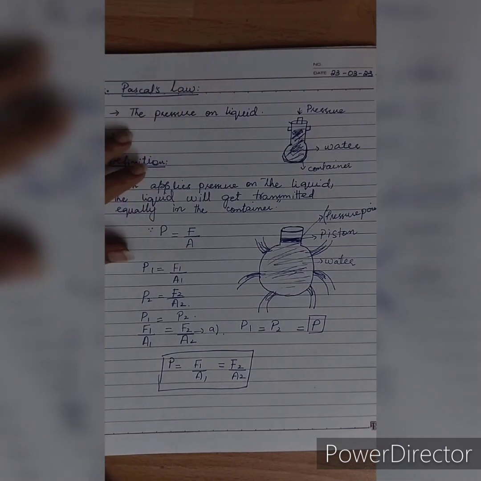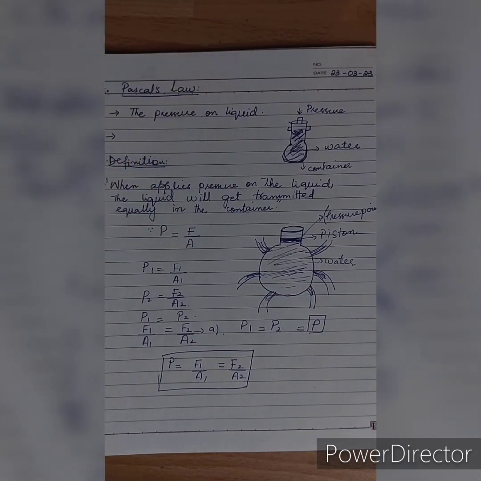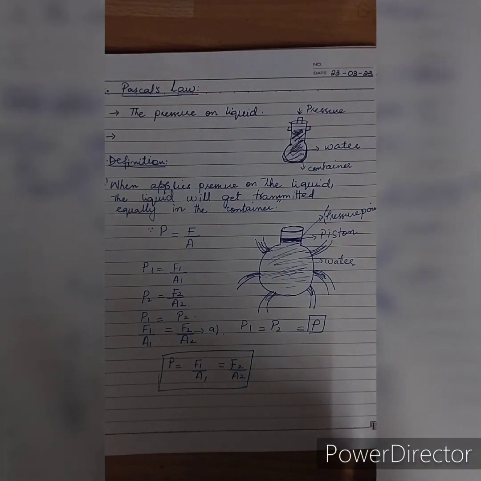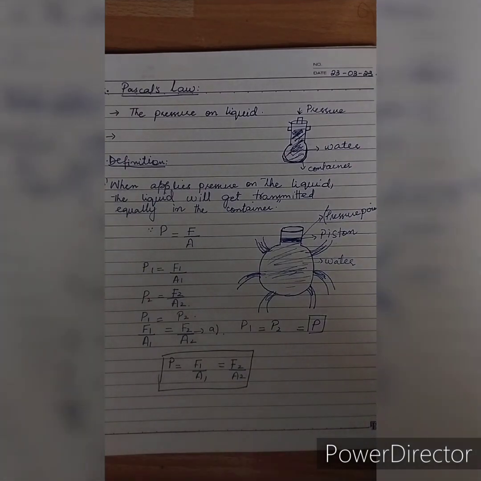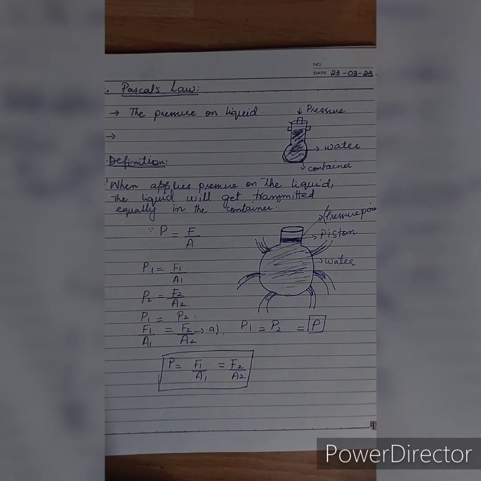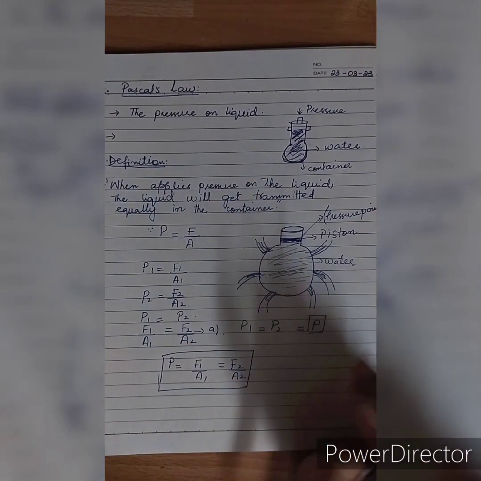Now let's discuss some applications of Pascal's law, that are the hydraulic machine, hydraulic press, etc. They also work on the principle of Pascal's law, and the work done by F1 on the input piston will always be equal to the work done by F2 on the output piston. How is it possible?